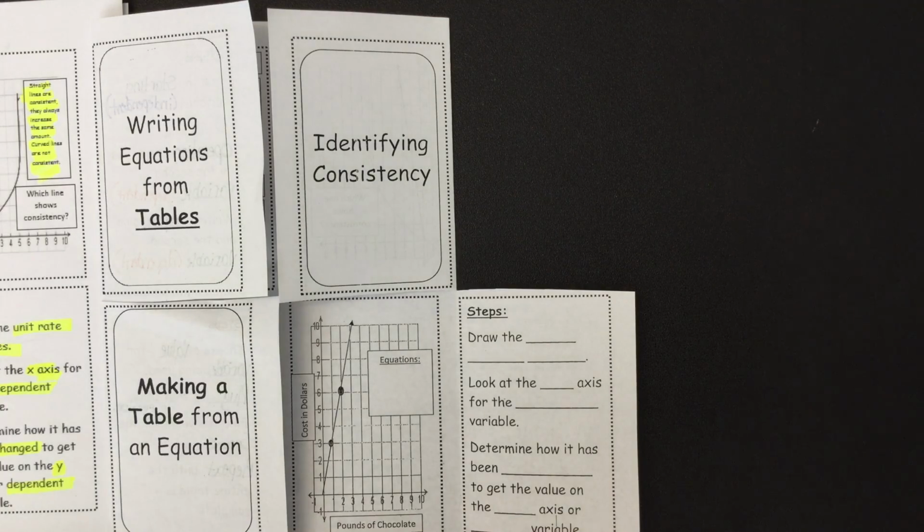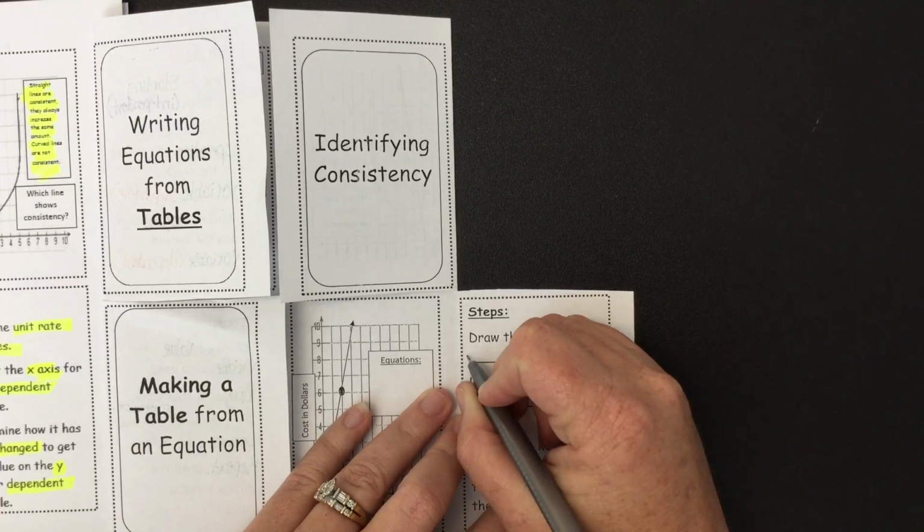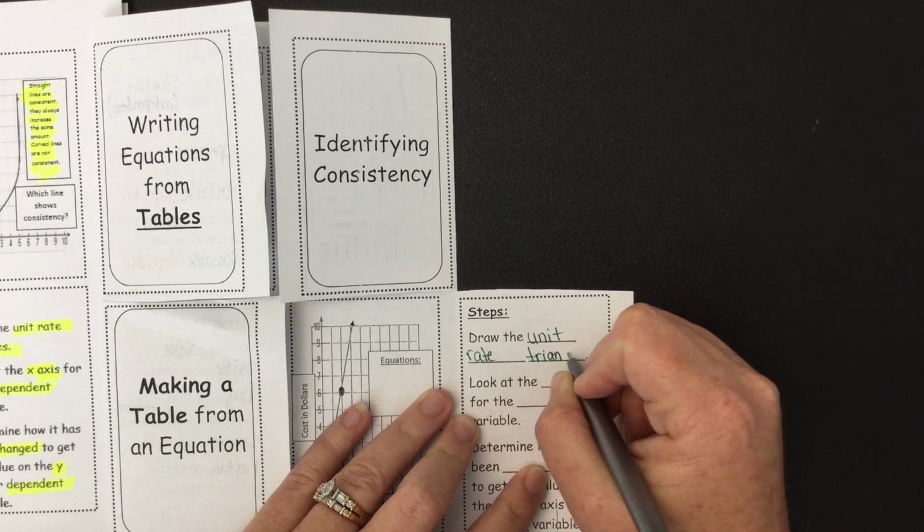All right. The first one says to draw the unit rate triangle.